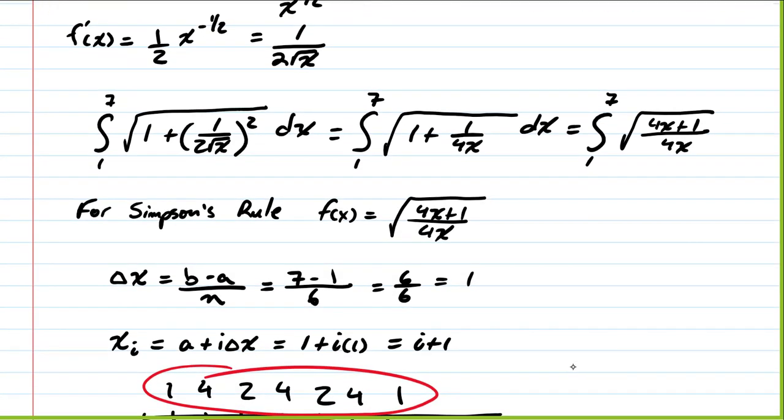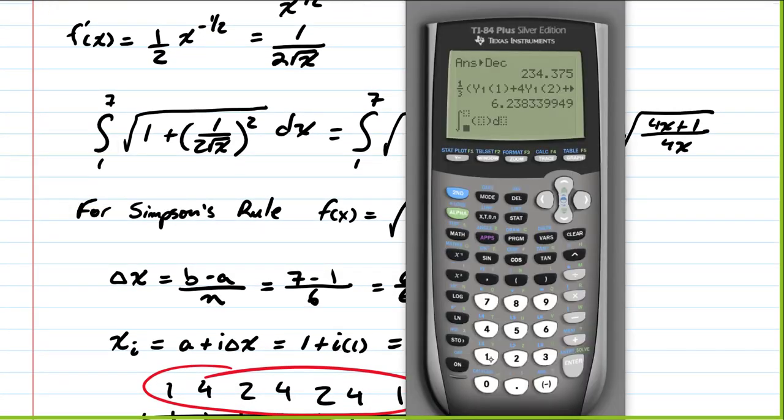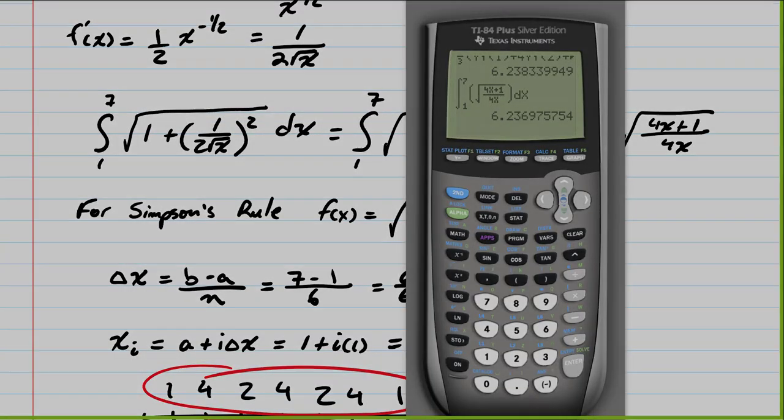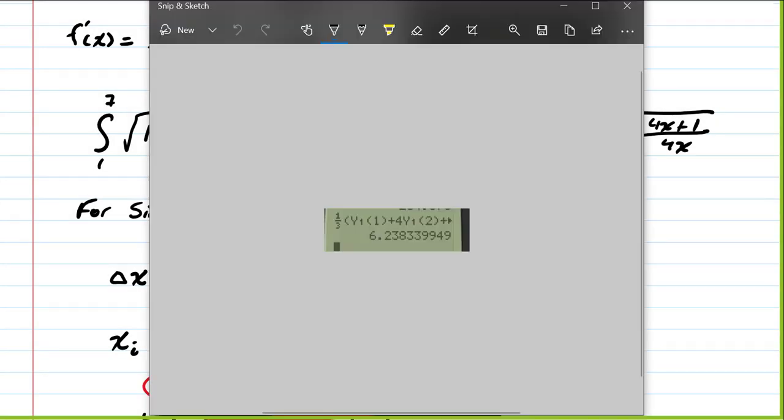So it won't do symbolic antiderivatives, but it will let you numerically approximate an integral. So the integral from 1 to 7 of the square root of 4x plus 1 over 4x dx. And our calculator approximates it as the following value.